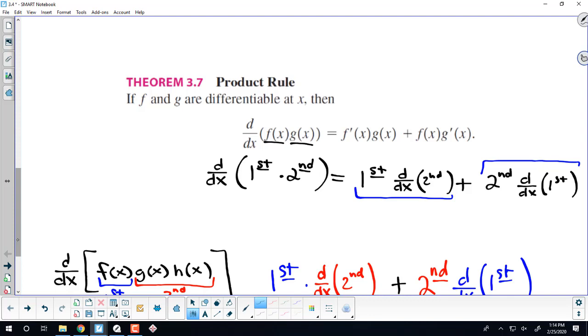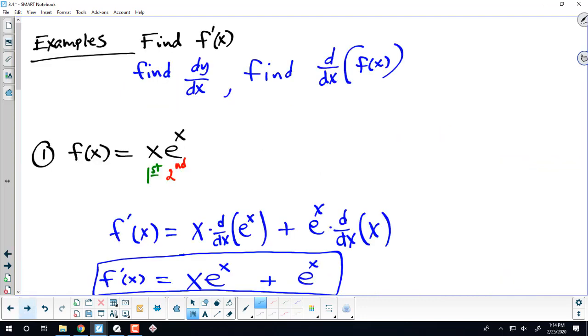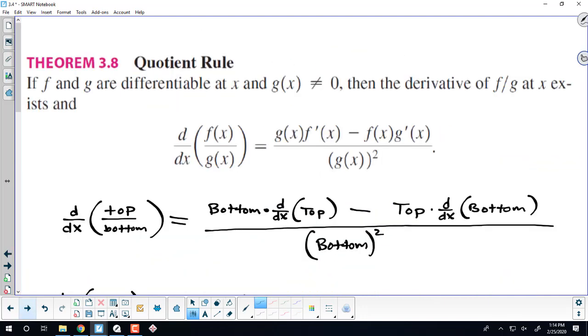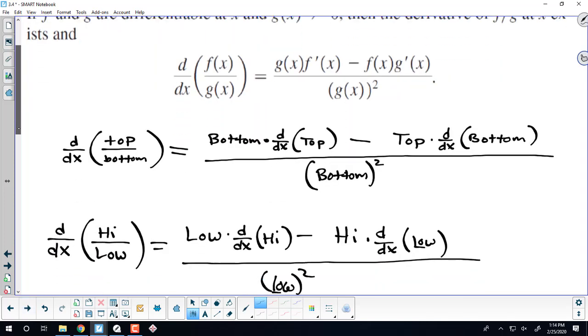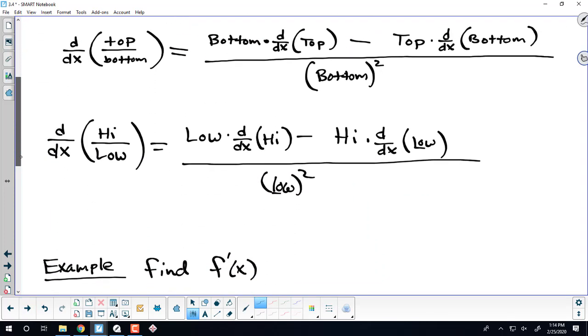It doesn't matter how we order that since they're multiplied and added together. With the quotient rule, though, it's very specific as to which one gets subtracted on the top. So you've got to subtract off the top times the derivative of the bottom. So just be super mindful of that order because it matters.